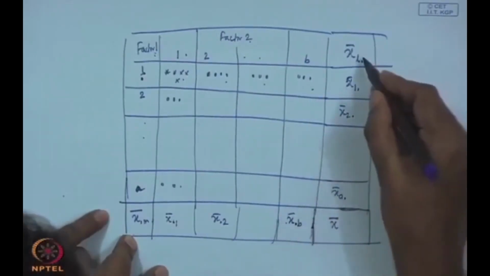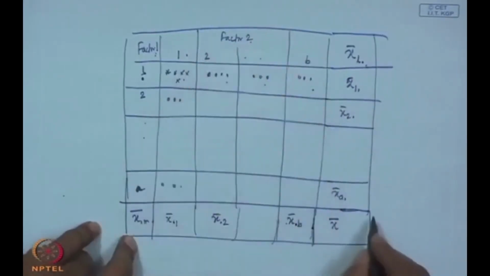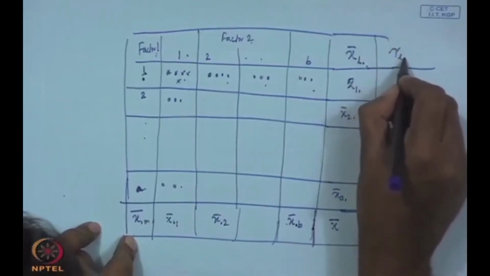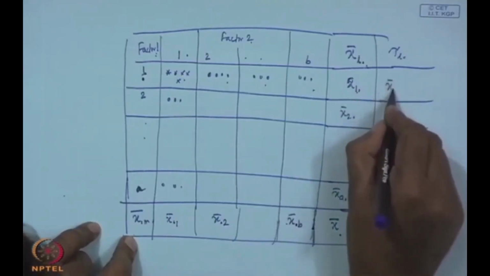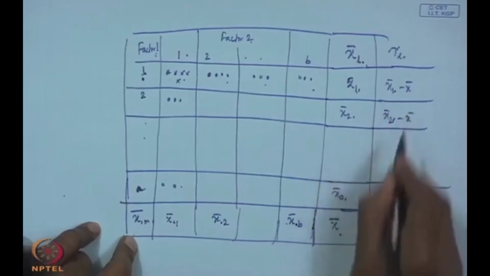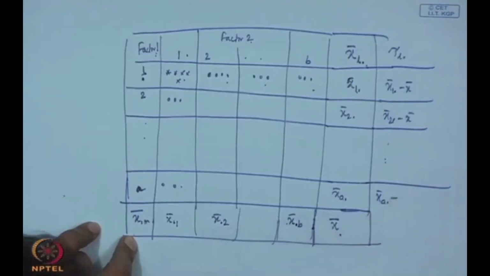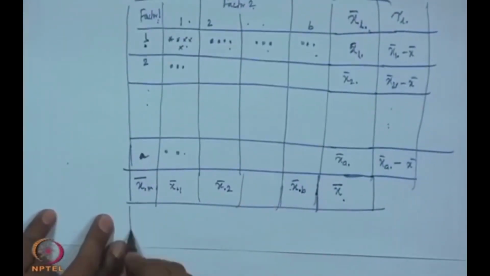Now, as you have computed this x bar L here ignoring this factor 2, so can you not find out that tau L dot, this minus grand? Similarly, here also you can find out, yes or no?